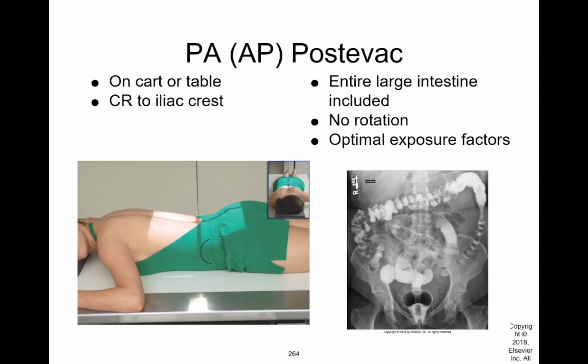Keep in mind, your body habitus may require you to either open your collimated field to the full size of your digital image receptor, or if you're using an image receptor that's 14 by 17, you might have to take two images crosswise in order to visualize everything.